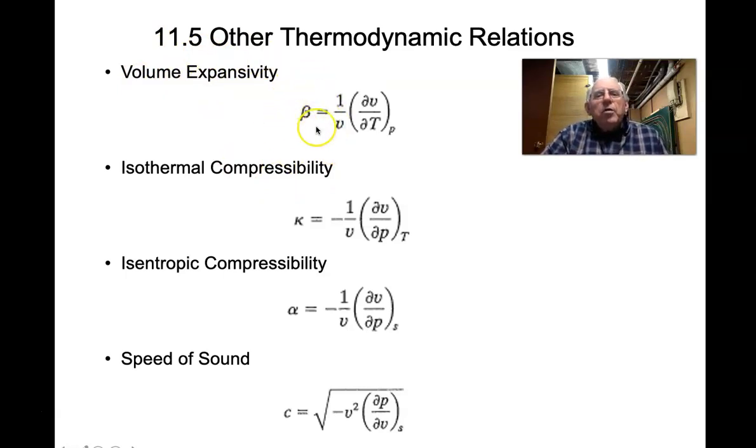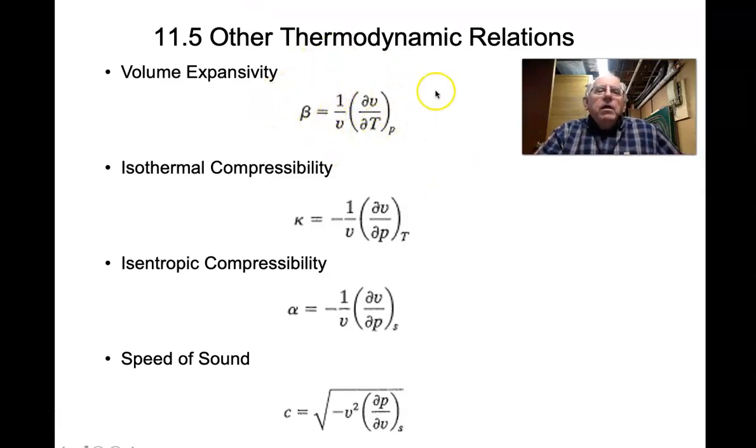The volume expansivity is the change in volume of a substance with respect to temperature at constant pressure. So if you have a constant pressure process, this is how much the volume changes as temperature changes. And so it's expanding or it's contracting. And so that is the value here.